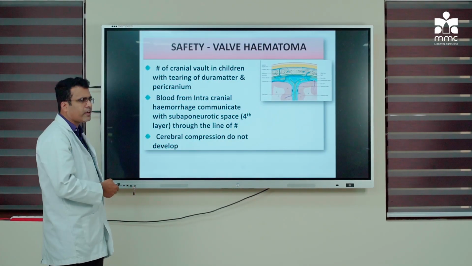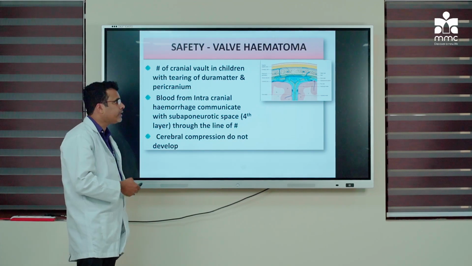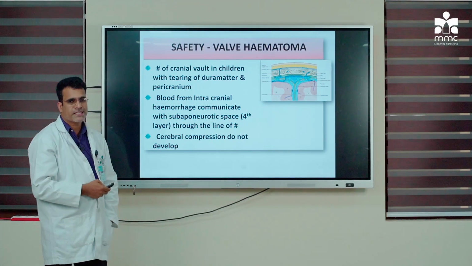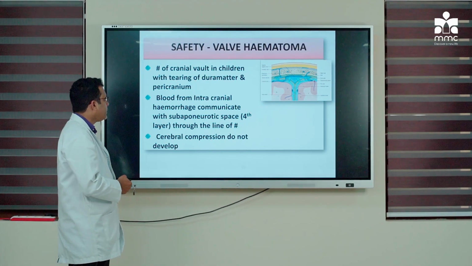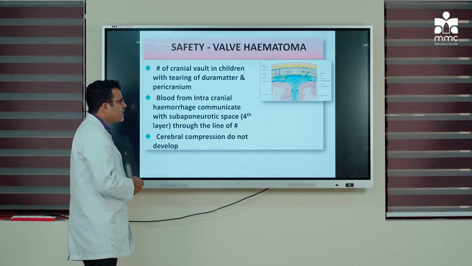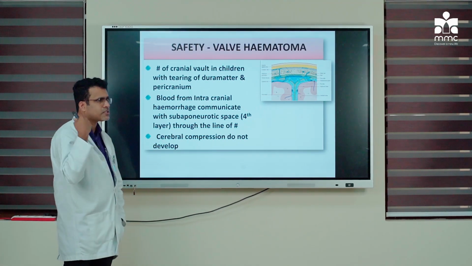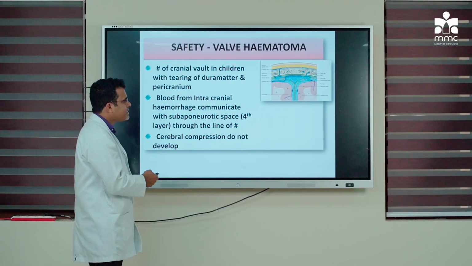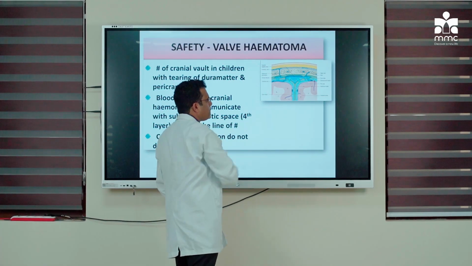Next, another important factor related to the fourth layer is safety valve hematoma, especially in infants and newborns. Sometimes in children, in case of fracture of the skull bones, there is a chance of epidural hemorrhage.